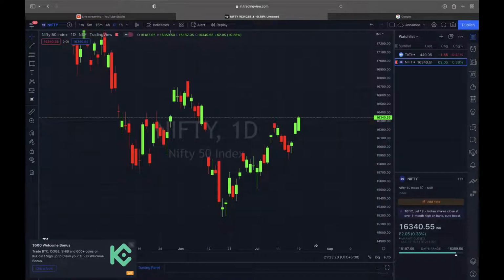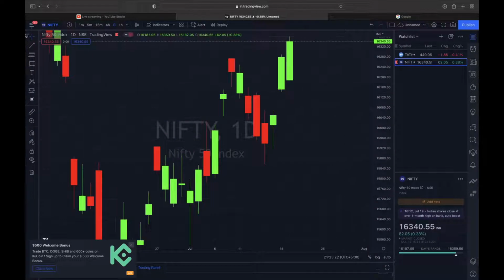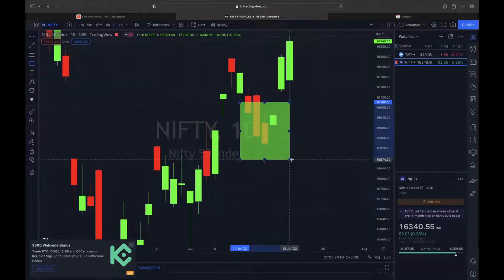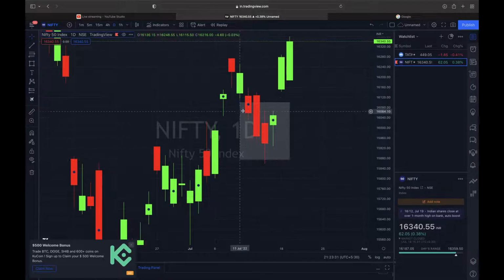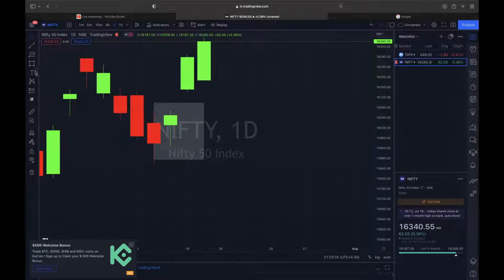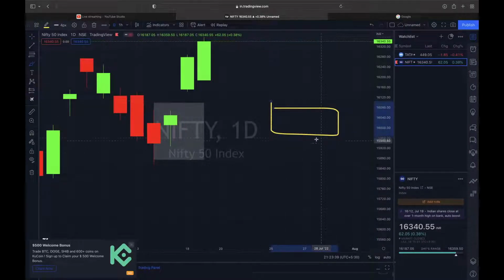So you have to spot something like this in this picture. Now can you see a hammer, everyone? I'll just mark it with white color. Can you see this candle? Is it a hammer? Yes, this is a hammer. This has the body, this has the lower shadow.